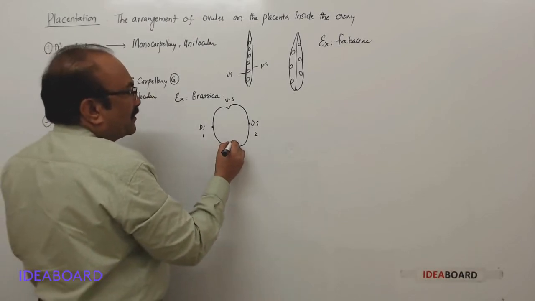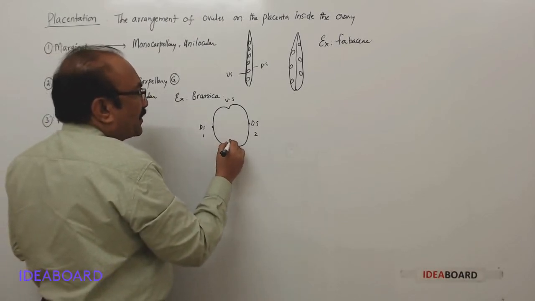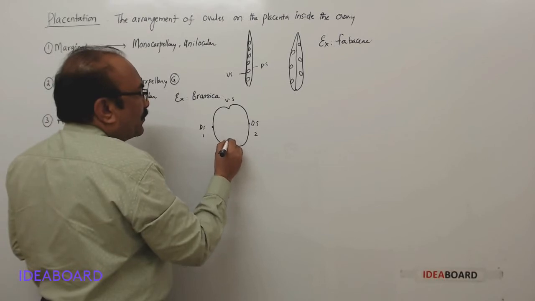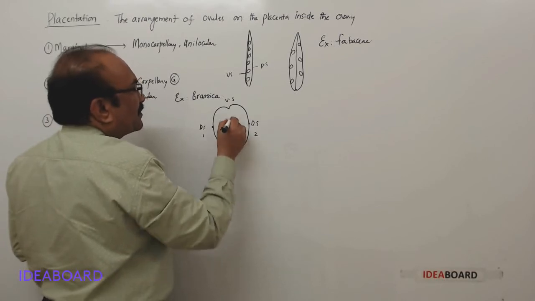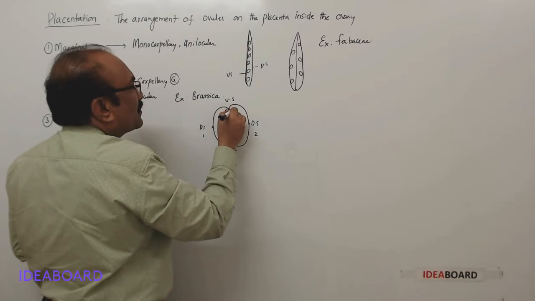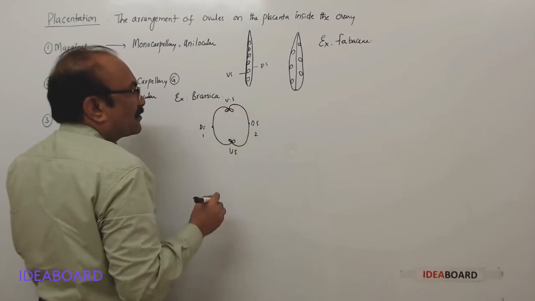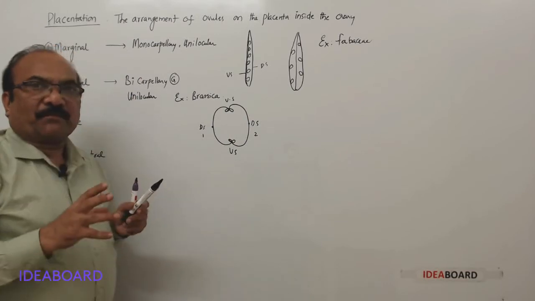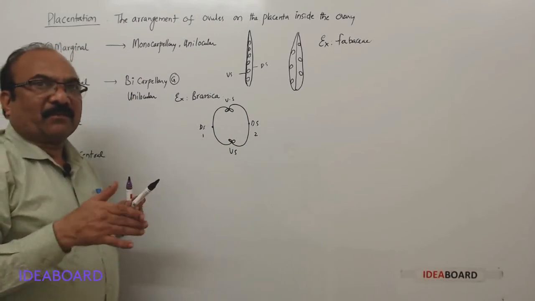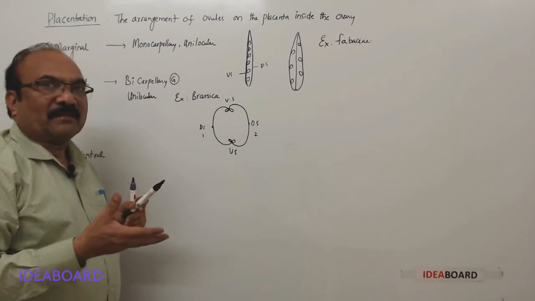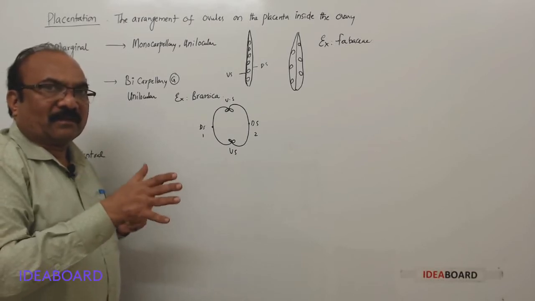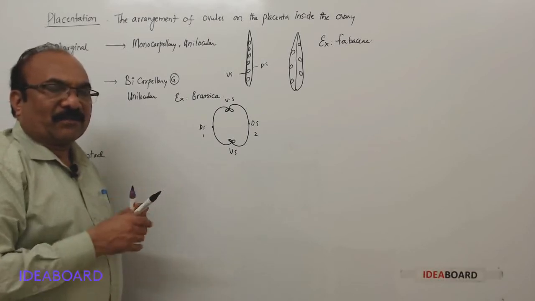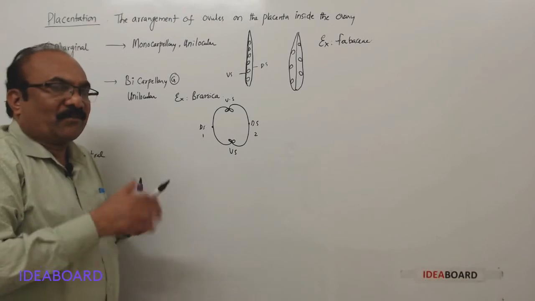and the placenta or that cushion-like tissue will develop on the ventral sutures and will produce the ovules. So now these ovules appear as if they developed on the wall of the ovary, that is inner side wall of the ovary.